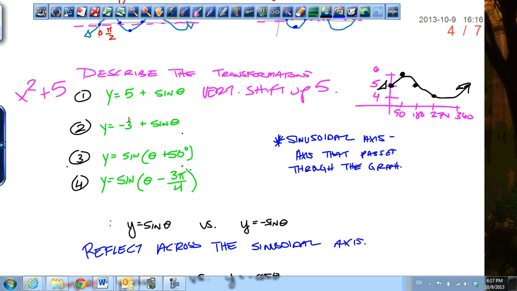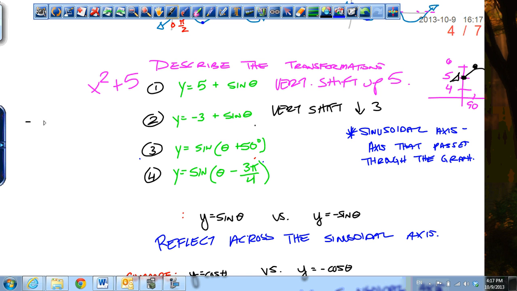So number 2, if it's negative, that just means we're going down. So a vertical shift down 3 units. It's the same thing. Instead of being up here at 1 and all that, we're going to be down here. So -4, -2, and then my middle number is -3.